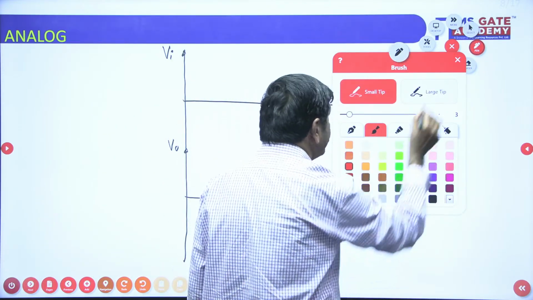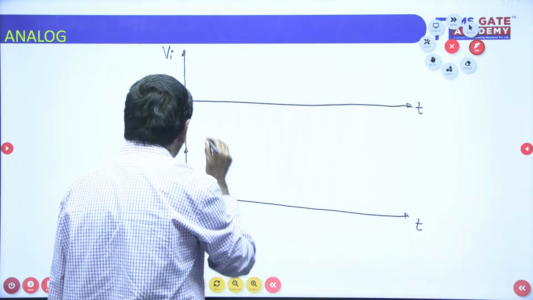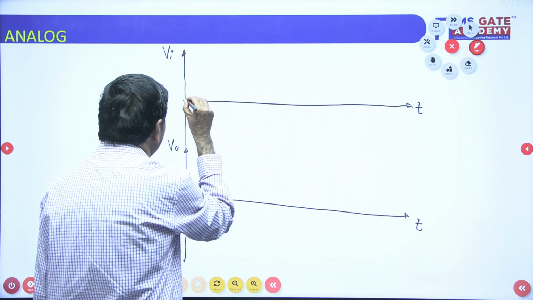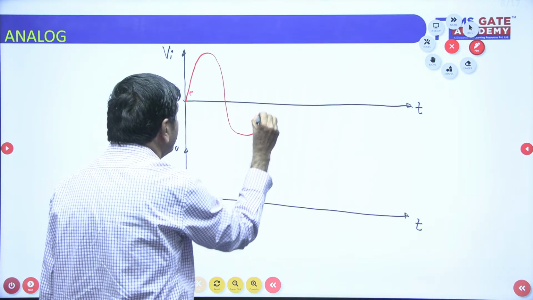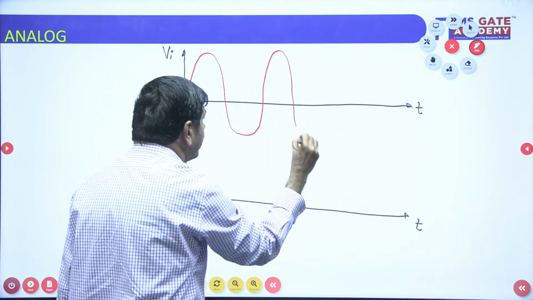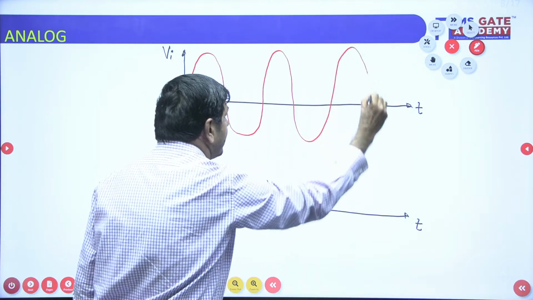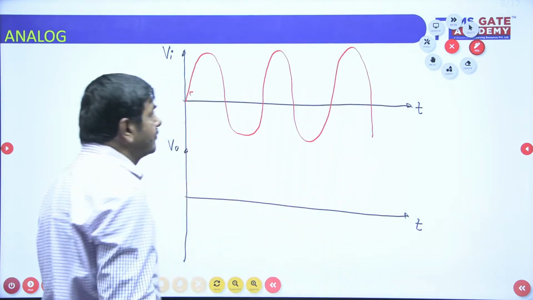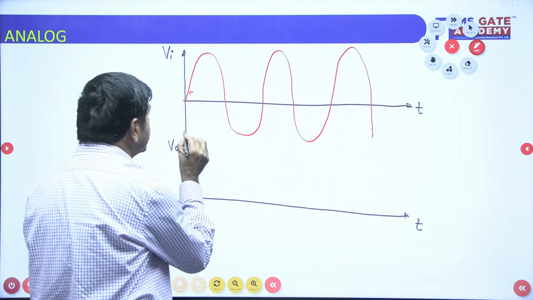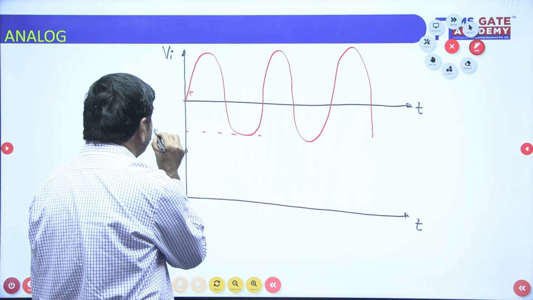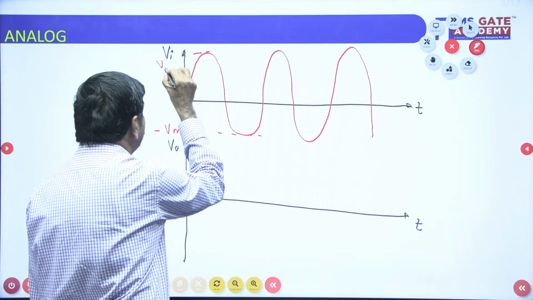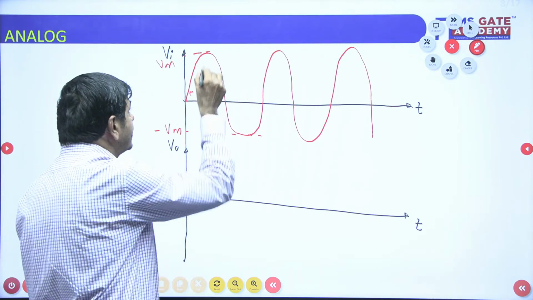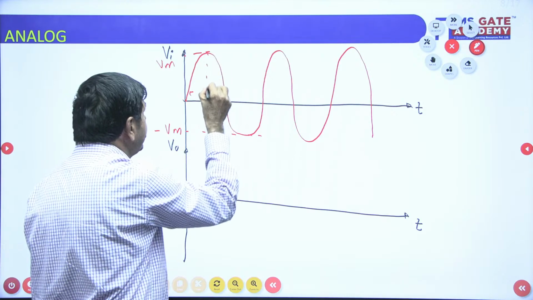The input given is a sinusoidal waveform. This is minus Vm and this is plus Vm, you know very well. This is the maximum I got, at T equal to T by 4.